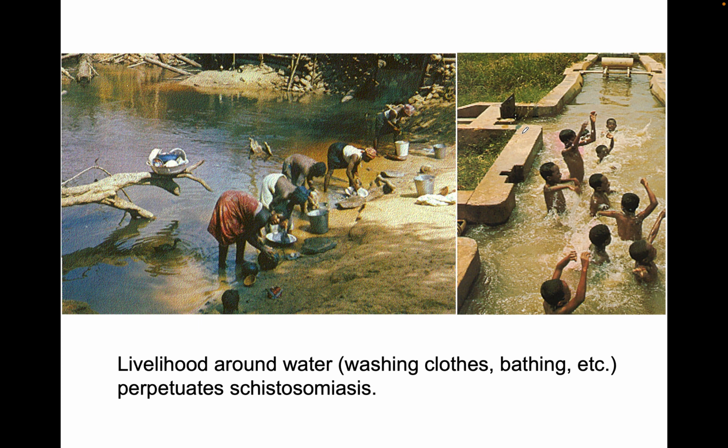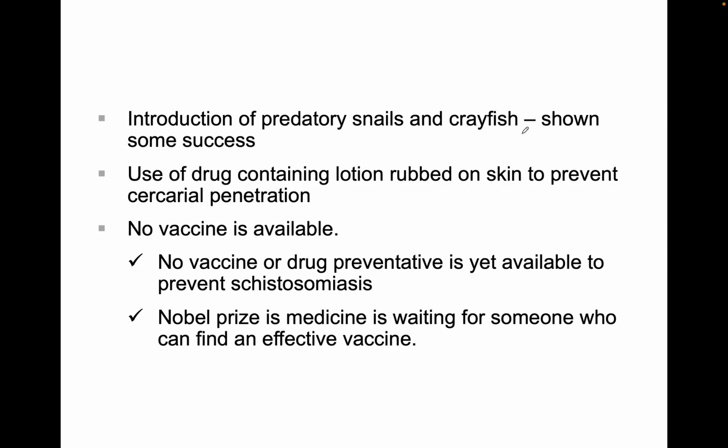If this is an endemic area, you want to avoid doing this. So you need to educate people not to do this in the endemic area. And so far, there's still no vaccine available, so scientists are still taking their time to develop a vaccine.